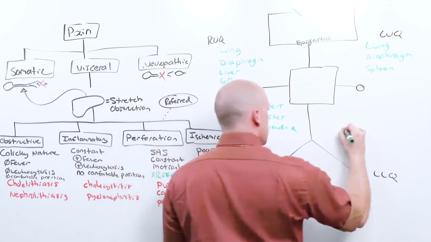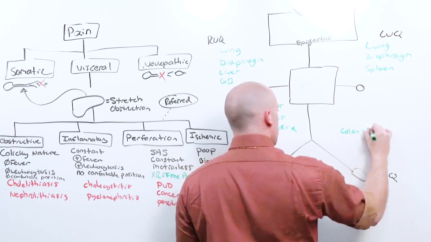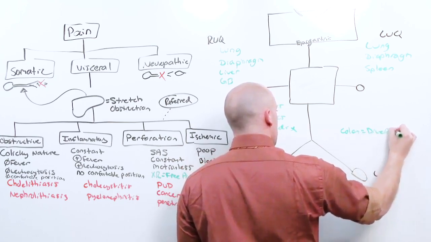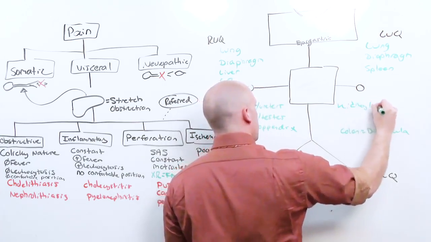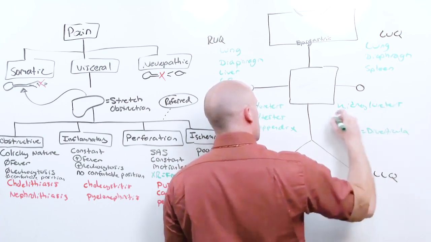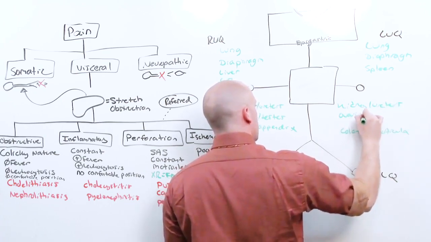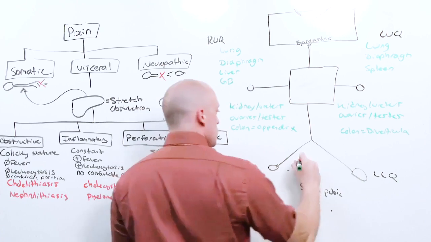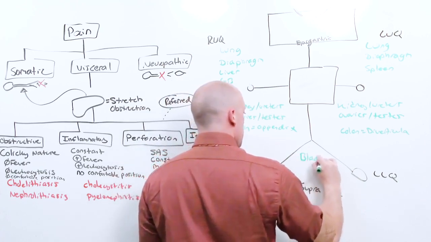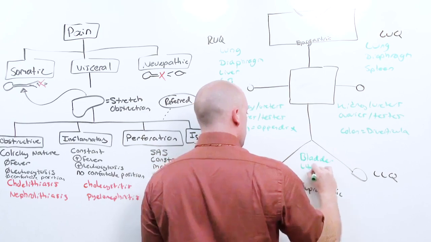On the left, the colon is going to be diverticula. You still have the kidneys and ureters, and you still have ovaries and testes. In the suprapubic region, don't forget about the bladder, and in females, the uterus.